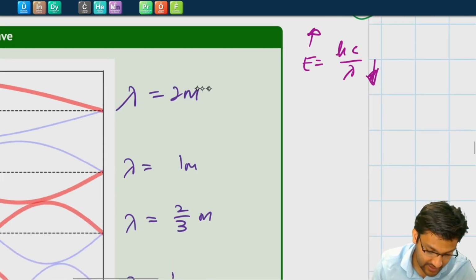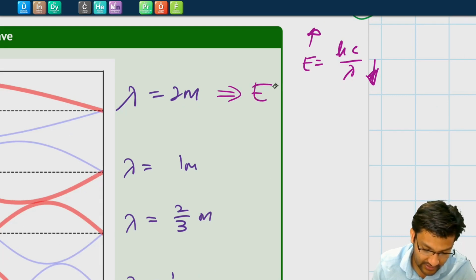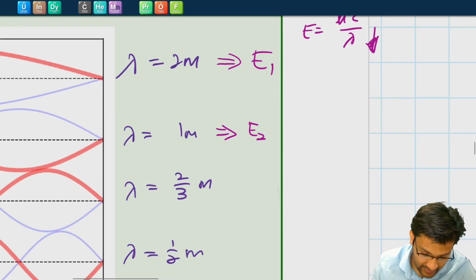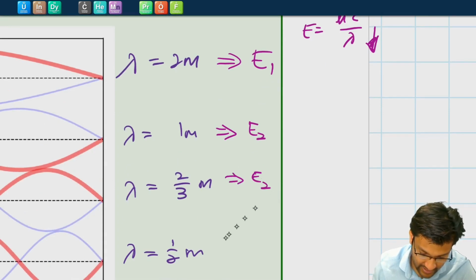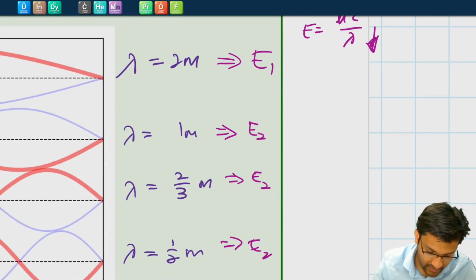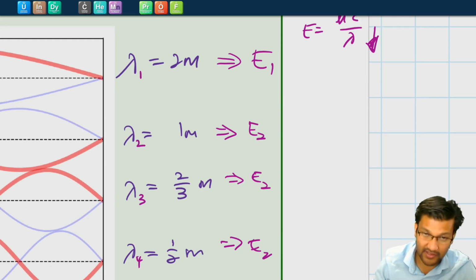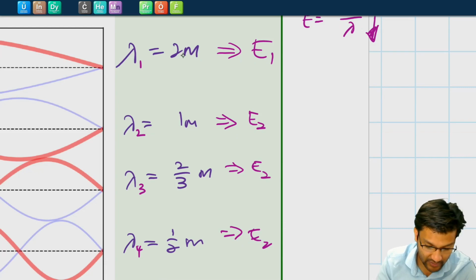So this here will have some energy, let's call it energy 1. This will have energy 2. This will have energy 3. And the energy will go up for each of these. Let's label these waves 1, 2, 3, 4. Because there's so many, we need to keep track of which one we're talking about, so I'm just going to put little number labels on them.